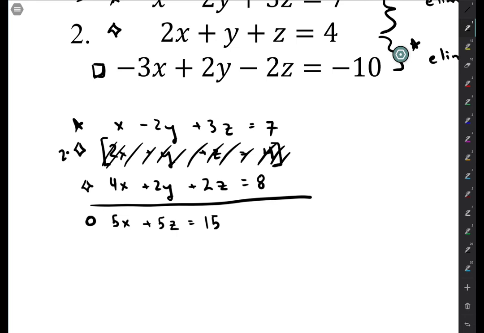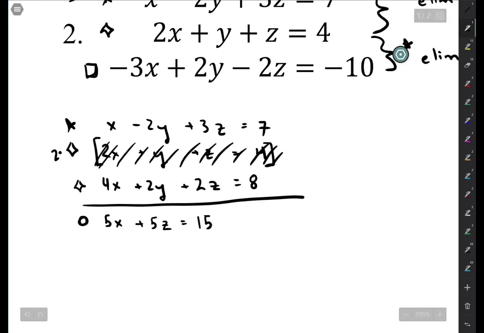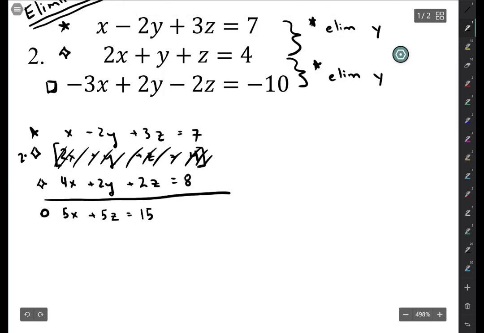We have to stop for that set of equations, but I still need to go back to my game plan and now eliminate y from the other two. So now I'll take diamond and square. With diamond and square, 2x plus y plus z equals 4, and negative 3x plus 2y minus 2z equals negative 10.